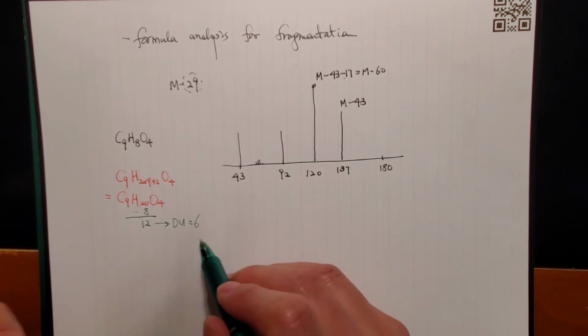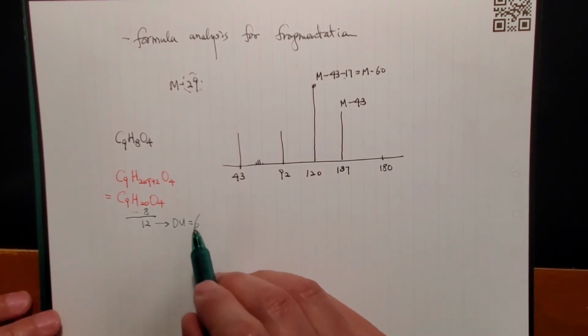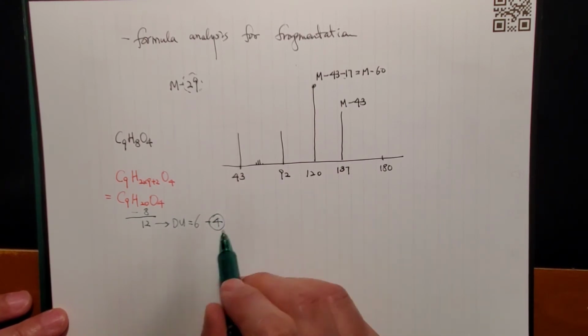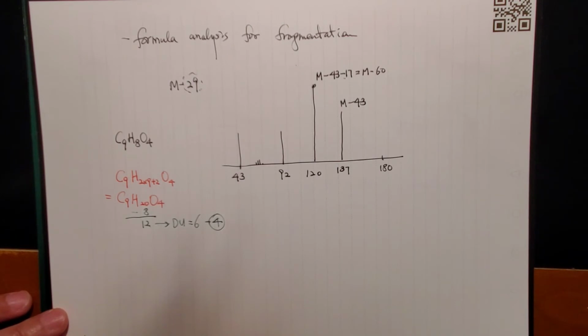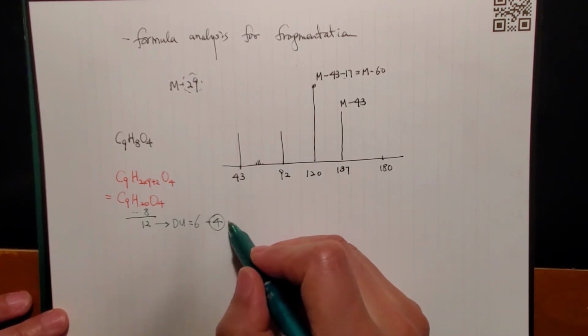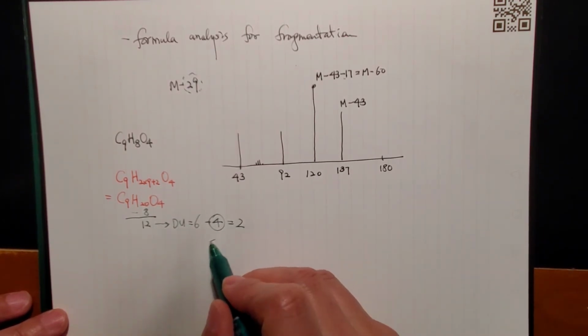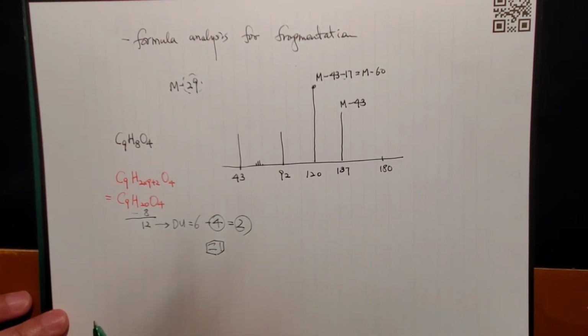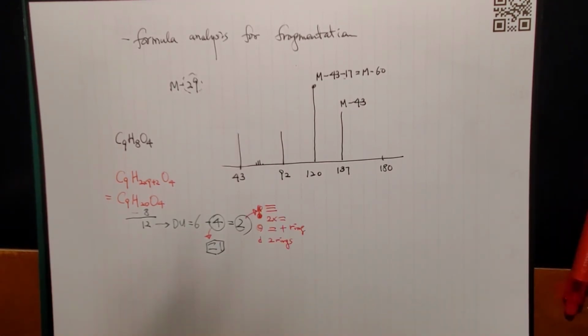But when the degree of unsaturation is over 4, you should consider having benzene. So benzene is 4 degrees of unsaturation. So what's remaining is 2. So you should consider benzene. Then you still have 2 more, meaning you may have a triple bond or two double bonds or two rings or one double bond and one ring, like this.